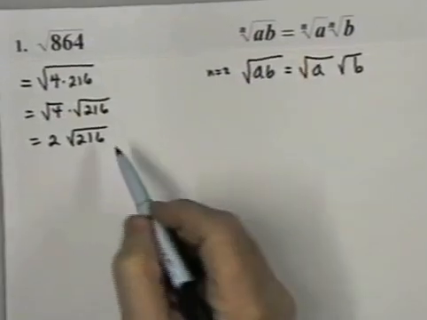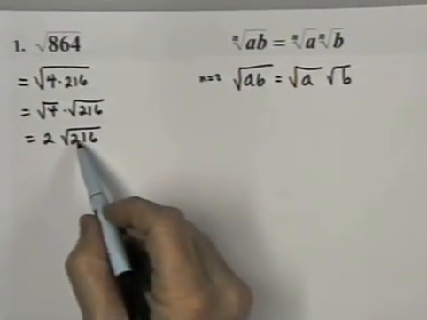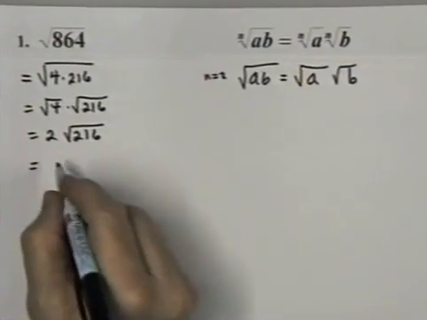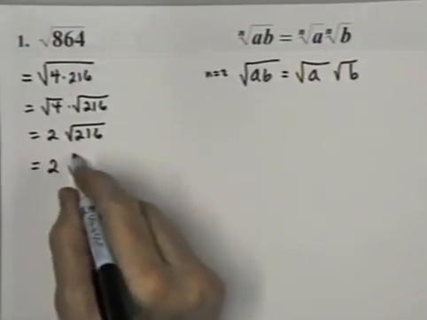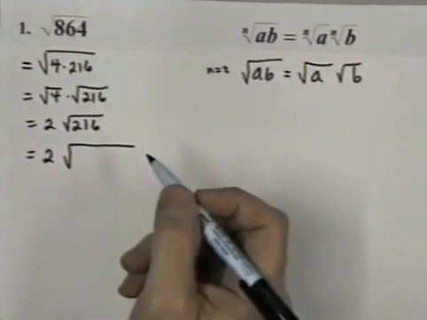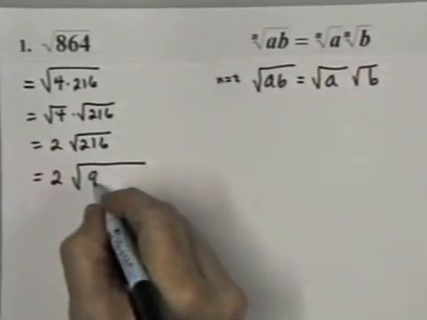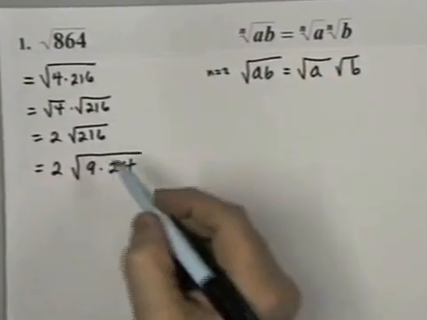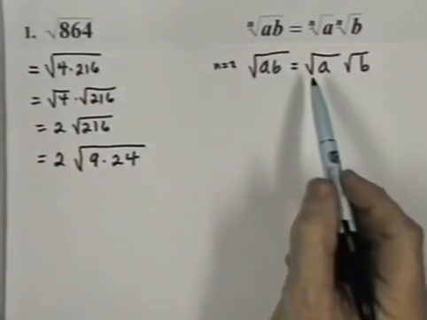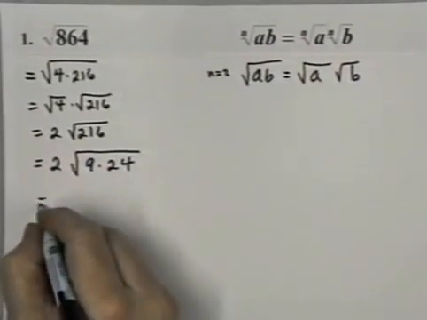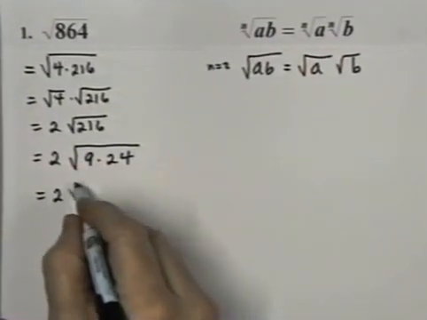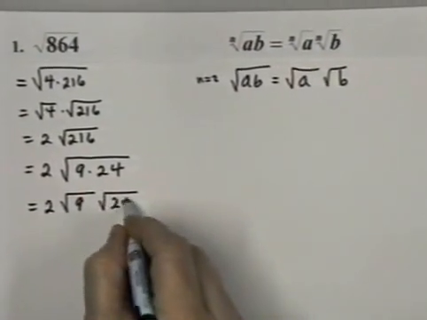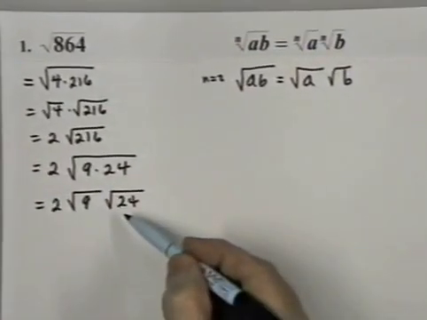But wait a minute. The radicand 216 may have a factor that is a perfect square. And son of a gun, it does, doesn't it? In fact, we can write it as 9 times 24. That's one way. And I know 9 is a perfect square. So again, this property says that this radical can be written as the product of square roots, and I just applied this property again.